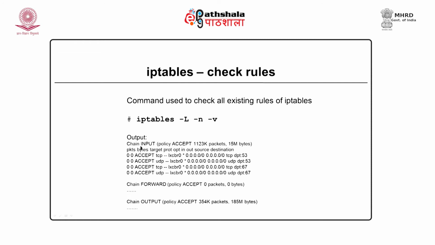So, I have just shown the input rules, and skipped the forward and output rules. Here you can see there are certain input rules, with policies to accept packets for UDP and TCP for these port numbers. So, this is how rules are maintained in IP tables.